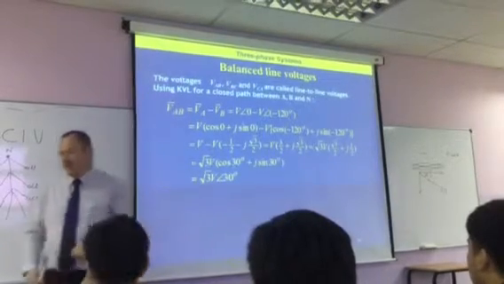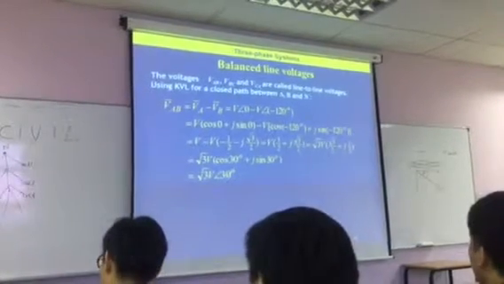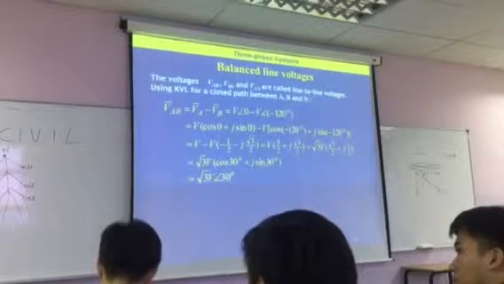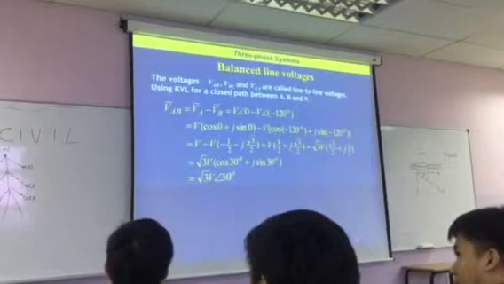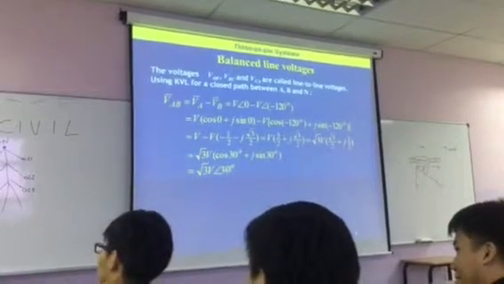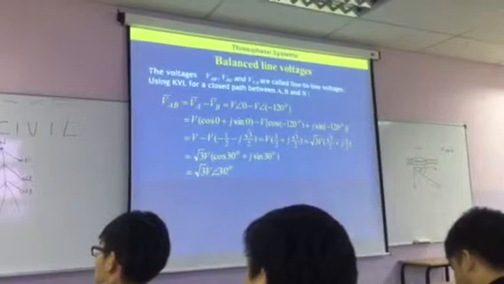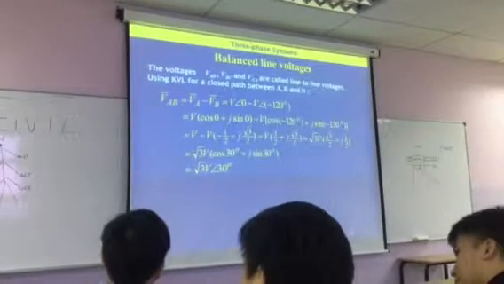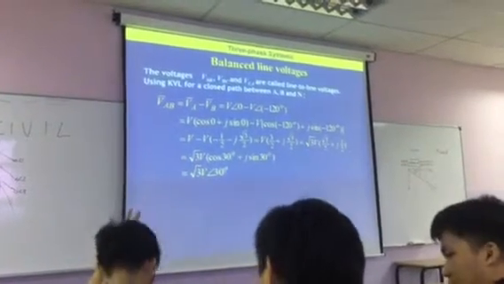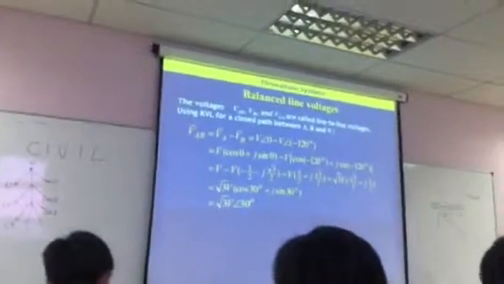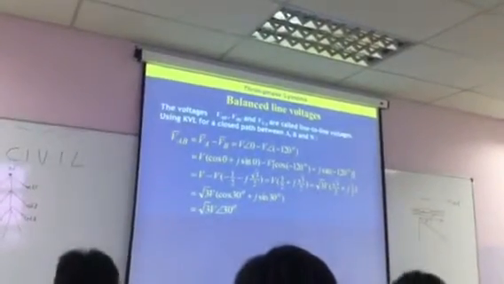When I was a student, my lecturer said, remember √3. If you can't remember anything else about three-phase, remember √3. If you multiply 240 by √3, has anybody got a calculator? Come on, somebody must have a calculator. Can you multiply 240 by √3?